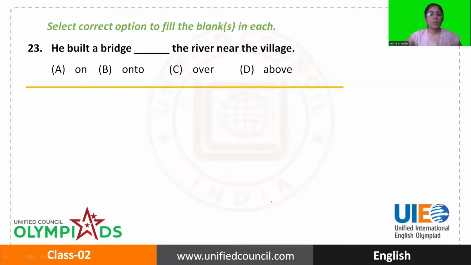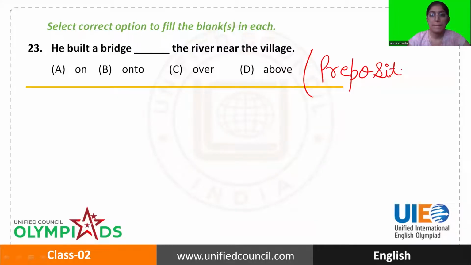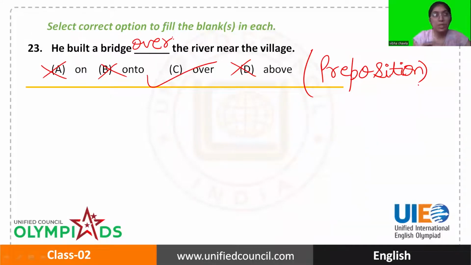Alright then, moving to the next one, question number 23. He built a bridge blank the river near the village. Now we need to fill in the correct preposition here. He built a bridge over the river. We say over the river. Now, over indicates movement across or spanning a distance from one side to another. In this context, the bridge is being constructed to extend across the river, connecting one side to the other.